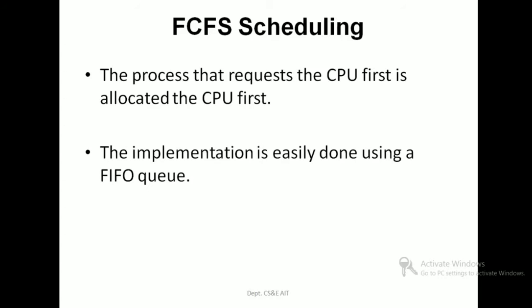So what is the first come first serve scheduling algorithm? The process that requests the CPU first shall be given the CPU first. So in the order in which processes arrive will be the same order in which the CPU shall be allocated.